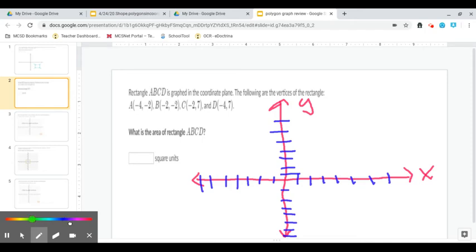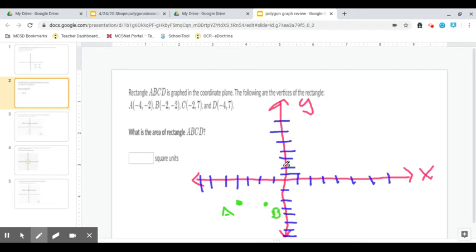Okay, so what we're going to do is we're going to graph these things. -4, -2. 1, 2, 3, 4. And down 2. That is point A. Point B, -2, -2. Point B. Okay.